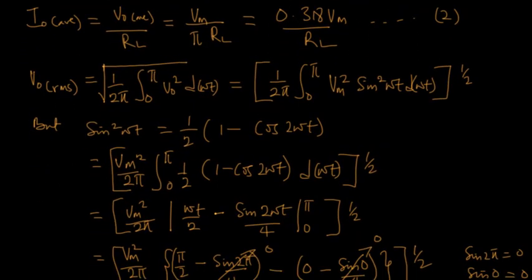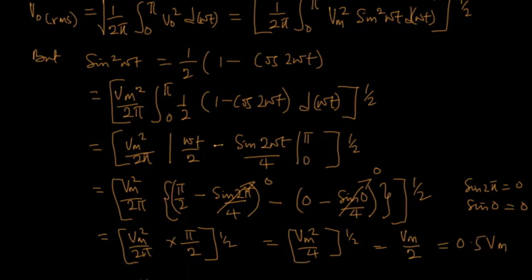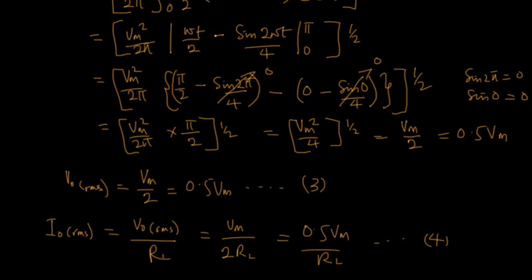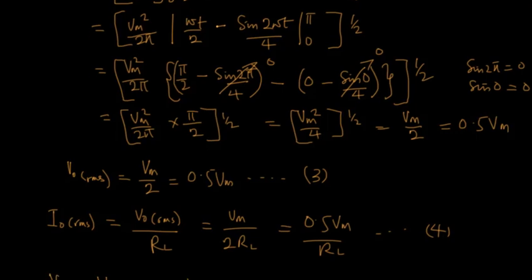And then we've also seen the expression for the output RMS voltage given as Vm over 2 or 0.5 Vm. Similarly, the output RMS current is given as 0.5 Vm over RL.